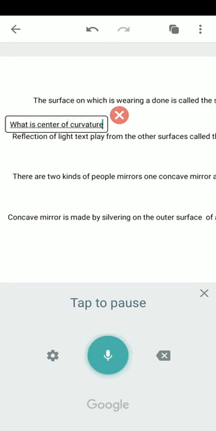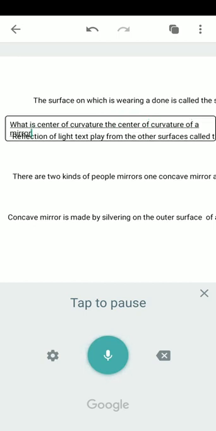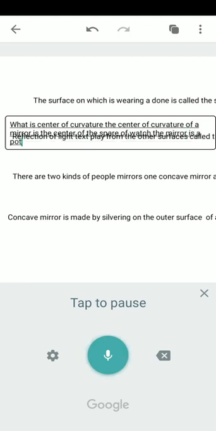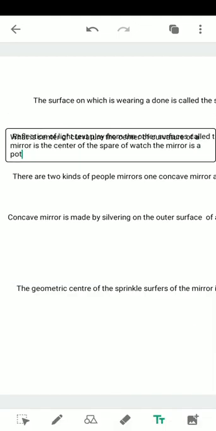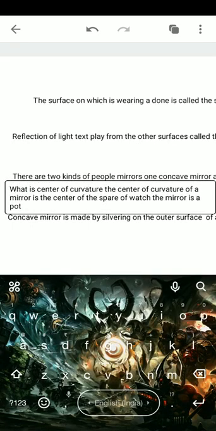The center of curvature of a mirror is the center of the sphere of which the mirror is a part. So I've written what is center of curvature. You can correct it if it didn't take it properly.